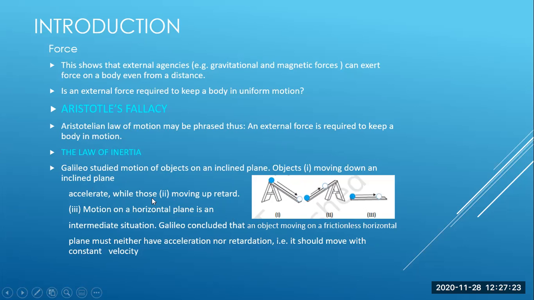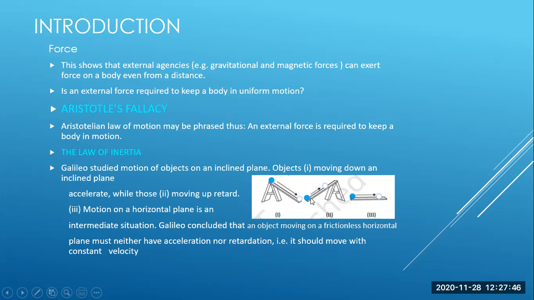Third observation: motion on a horizontal plane is an intermediate situation between these two situations. It's neither accelerating nor retarding. So Galileo concluded that an object moving on a frictionless horizontal plane must have neither acceleration nor retardation.